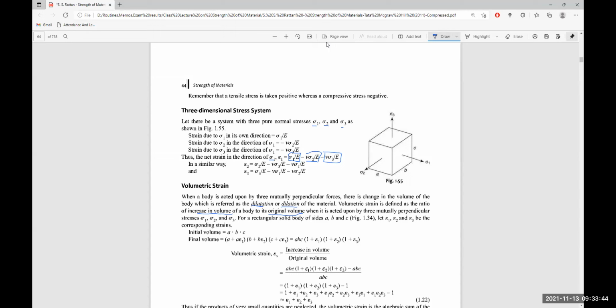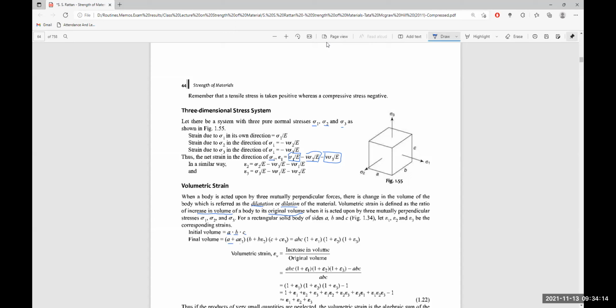So first we calculate the initial volume as ABC, where A, B and C are the dimensions of our prismatic cube, and the final volume will be A plus A epsilon 1, B plus B epsilon 2, C plus C epsilon 3, which is equal to ABC times 1 plus epsilon 1 multiplied by 1 plus epsilon 2 multiplied by 1 plus epsilon 3 itself.